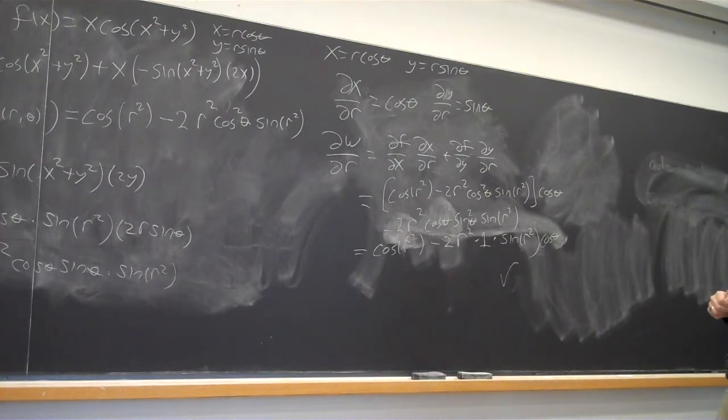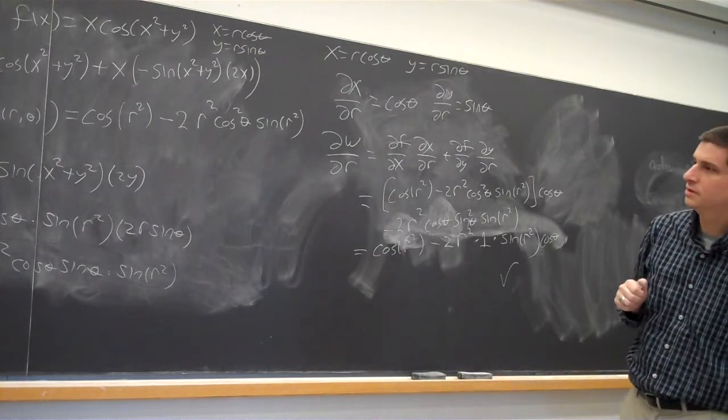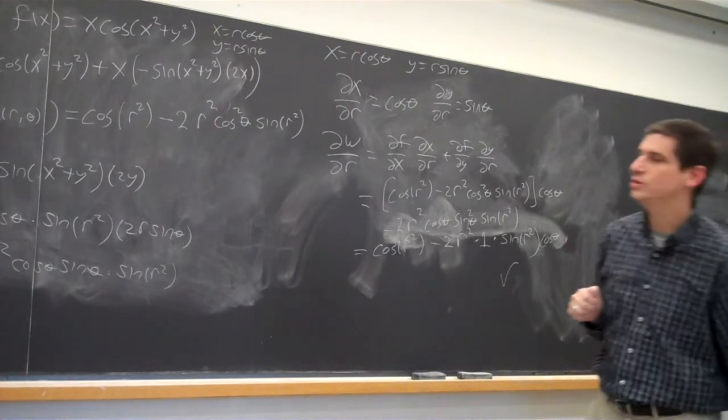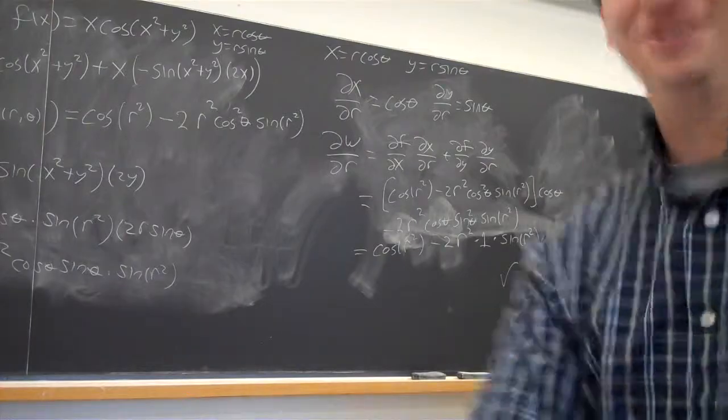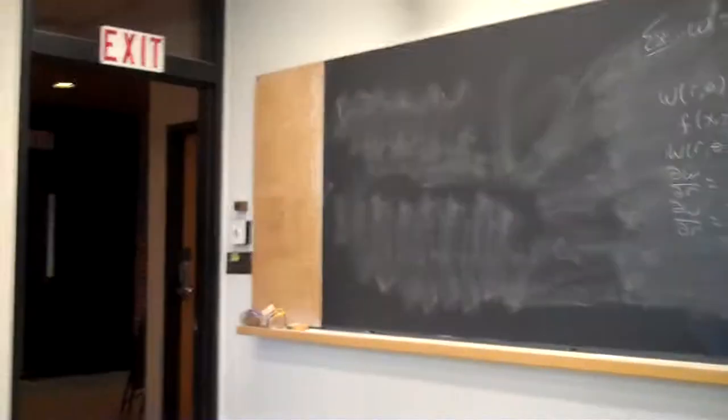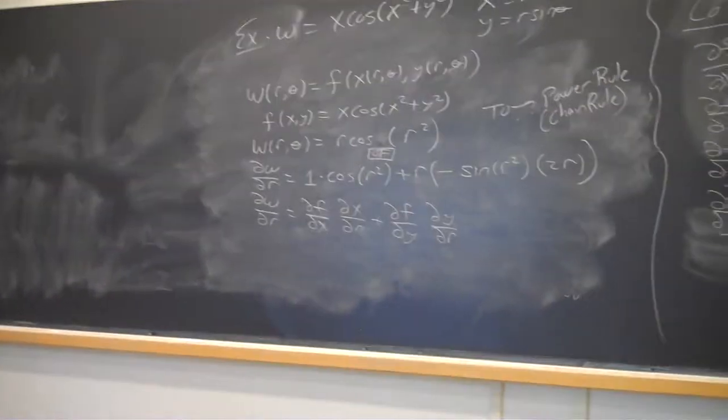Let's see, if we look back at what we had initially, we have x cosine of x squared plus y squared. Oh, did we drop something? Oh, we made a mistake in the initial. Good. I wish I could claim that was done deliberately. Sadly, I cannot. Beautiful.